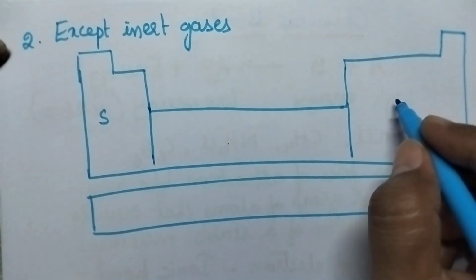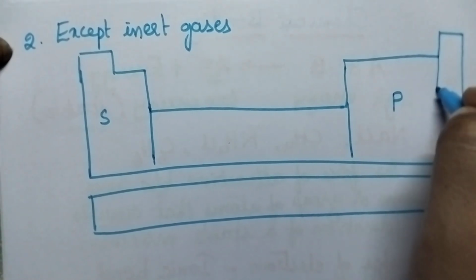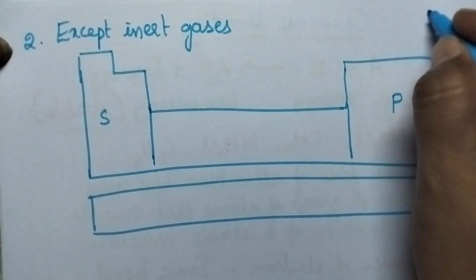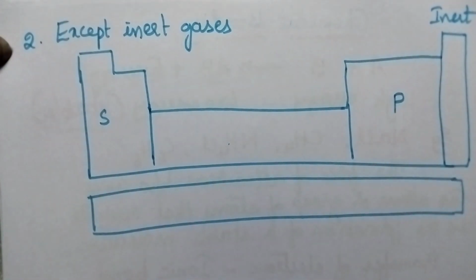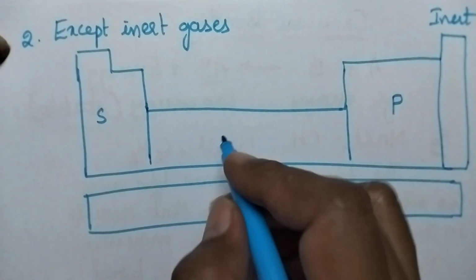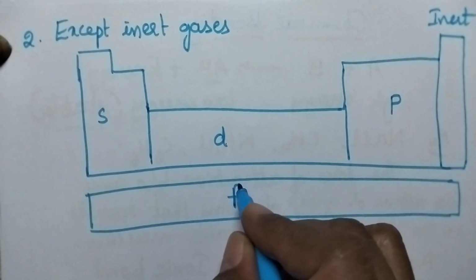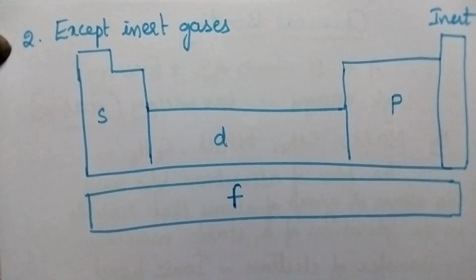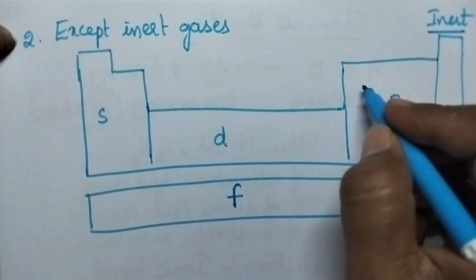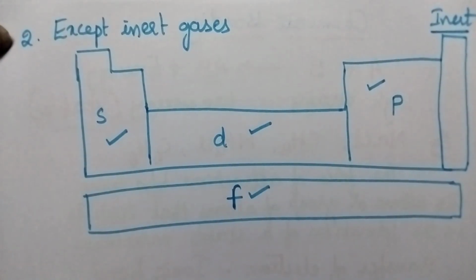The atoms on the left side are called s block elements, and the atoms on the right side are called p block elements. Especially the last group elements are called inert gases. The atoms between s and p block elements are called d block elements, and f block elements are placed below the long form of the periodic table. So here, except the inert gases, all the atoms will participate in chemical bonding.